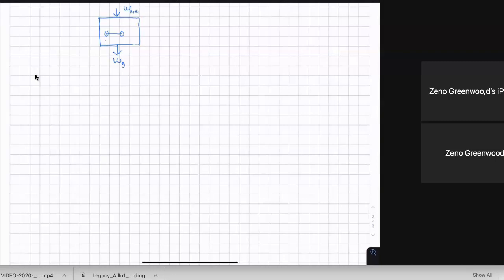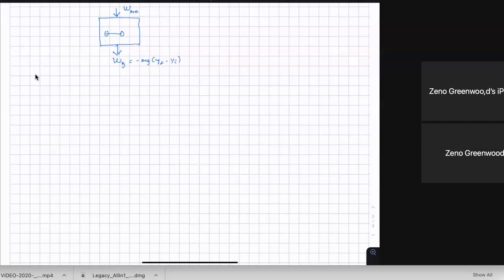So the work done by gravity is equal to minus mg times y final minus y initial. It's a constant force throughout, so I didn't have to do an integration.